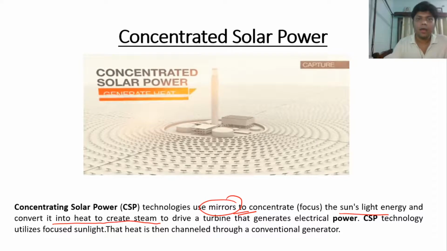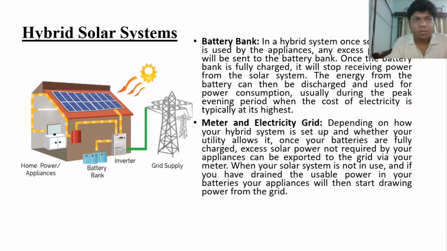Now the other type of system is called a hybrid solar system. We have already discussed the purpose of the solar panel, which is generally placed on the roof of our homes, and the use of an inverter and a battery bank at the start of our lecture.